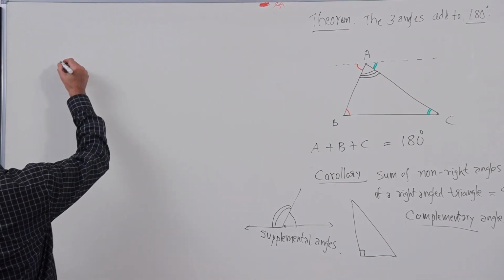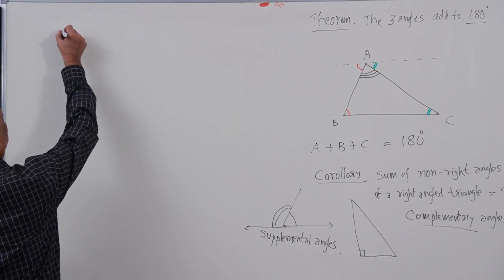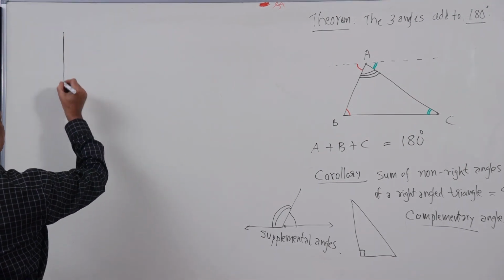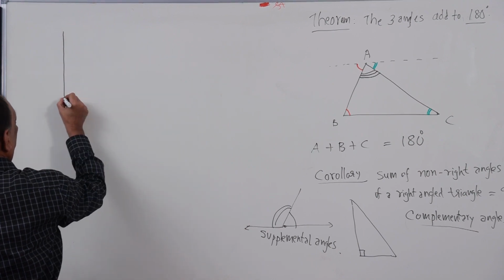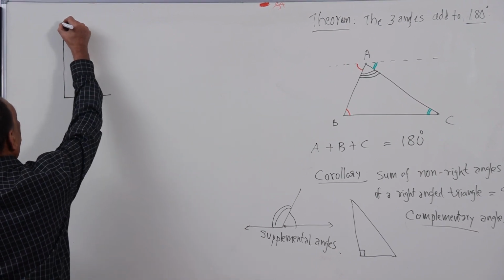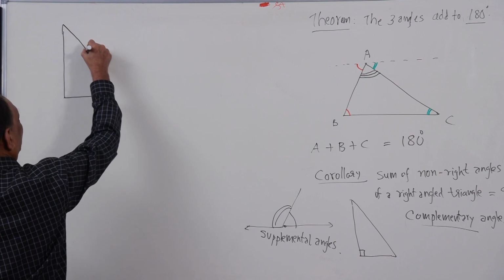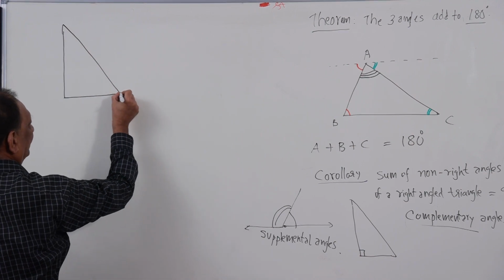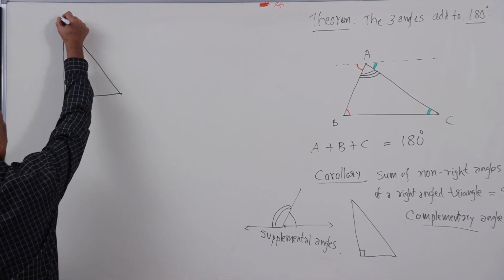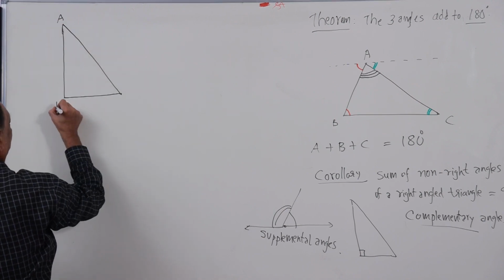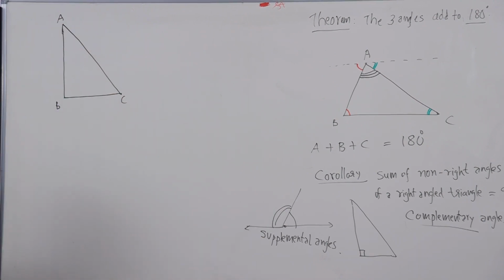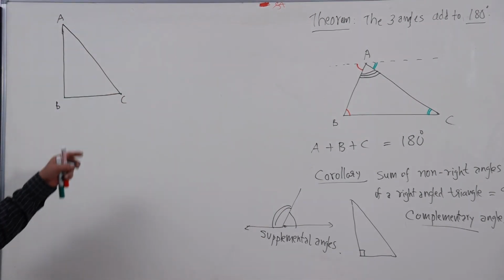Supposing I have a right angle triangle. I'll give proper names to the vertices so I can refer to the angles: A, B, C. And B contains the right angle. Angle B is the right angle.